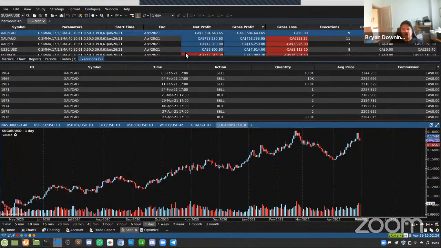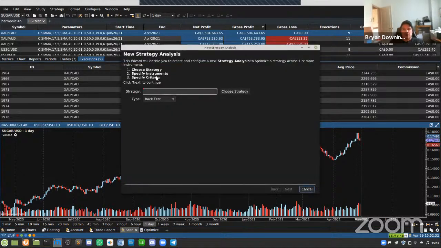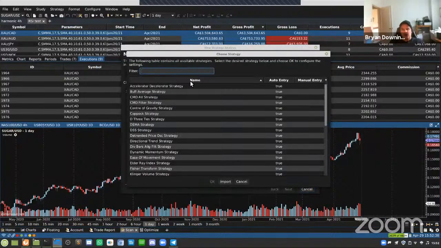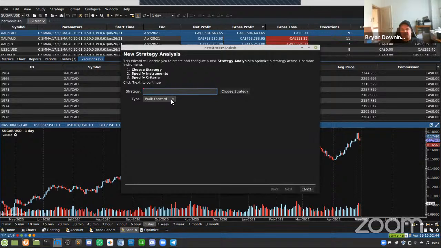Now, you might go, okay, that's fine and good, but that's from the past. But there's another powerful feature here that you can do. So if you do an analysis here is where it gets really good. So if you do a walk forward, now I know somebody who's kind of gone pretty crazy with the tweaking by the optimize and has seen amazing results.